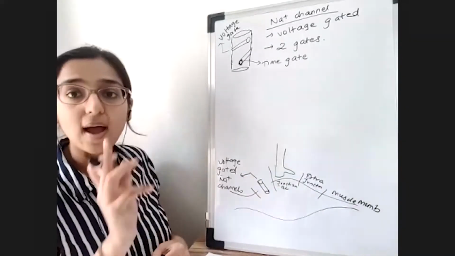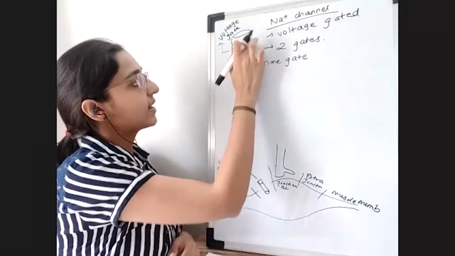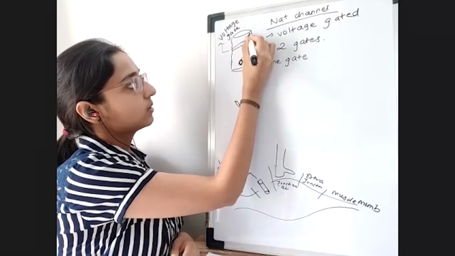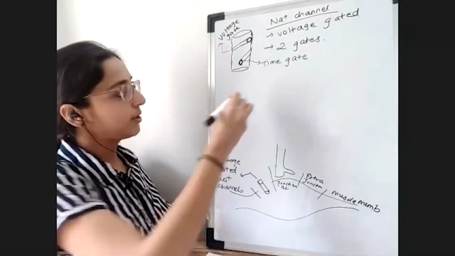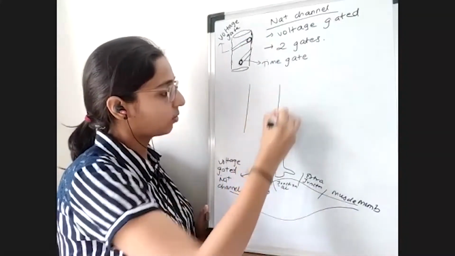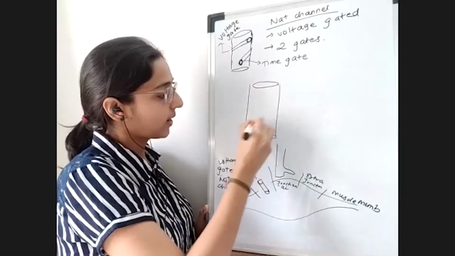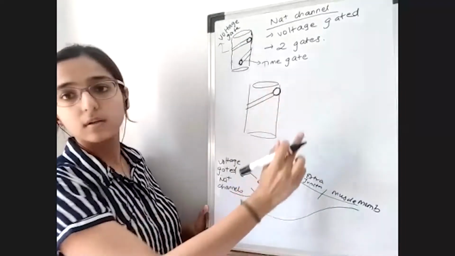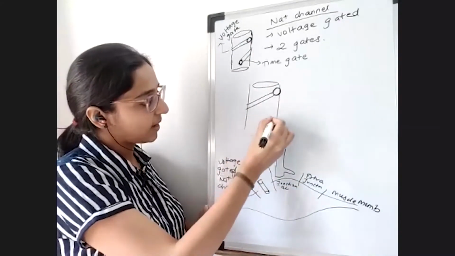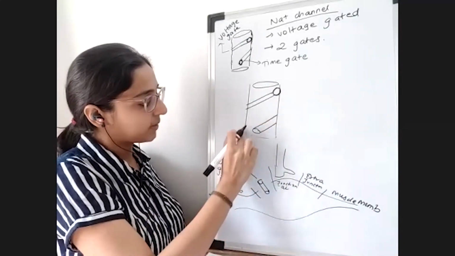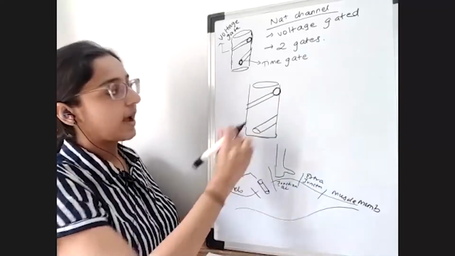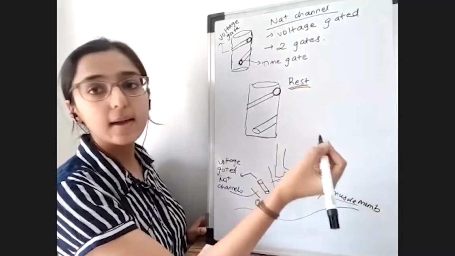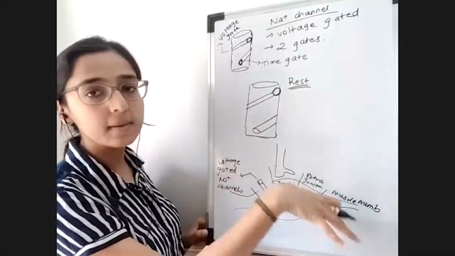At rest, the voltage gated channel is going to be closed, and if I draw this more magnified, the time channel is open. That is the time when no currents are flowing and no impulses are coming.